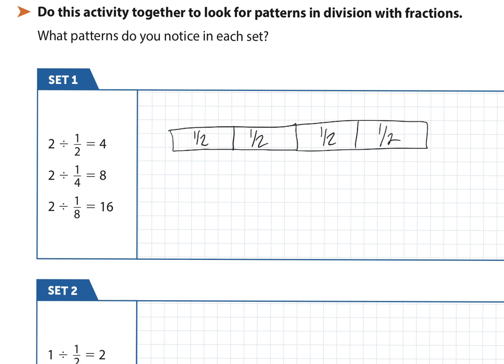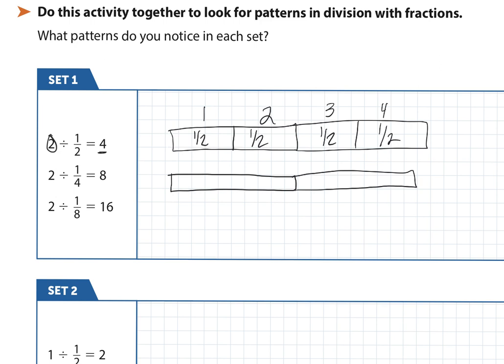Now, what is 2 divided by 1/2? The answer here is 4, but I wanted you to make the connection that there are 4 1/2 pieces in the original 2 that I drew.